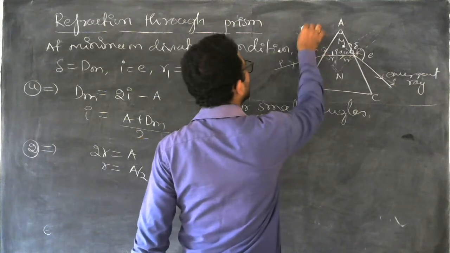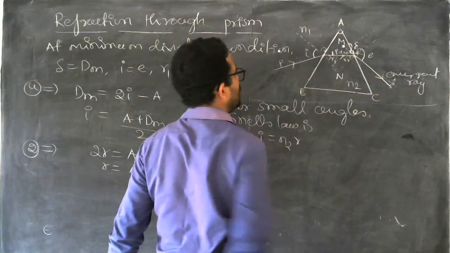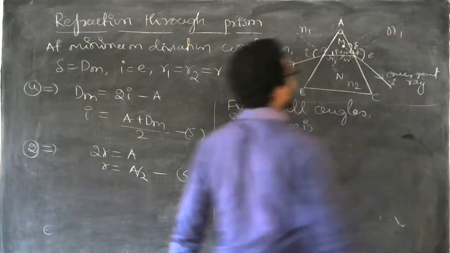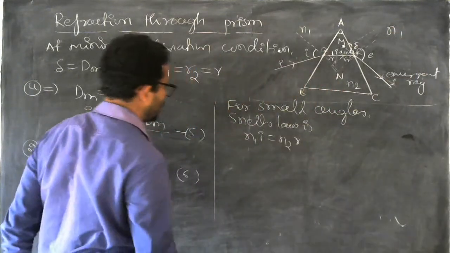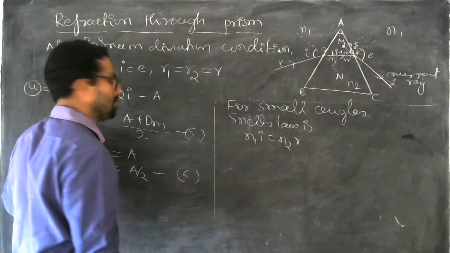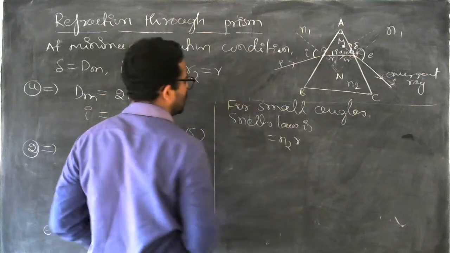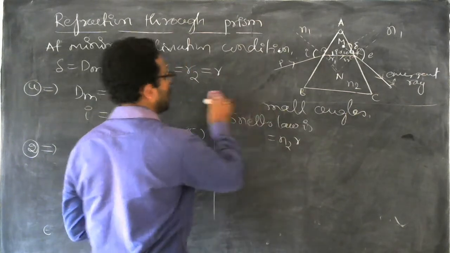See, this is n1, this has refractive index n2, and this again has the refractive index n1. I need to write this one for small angles.